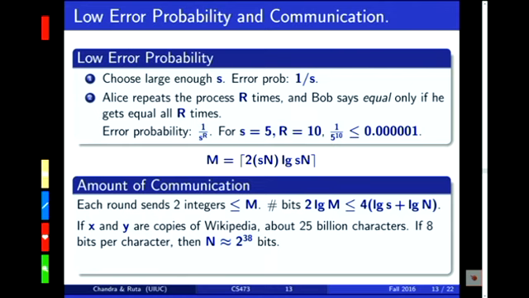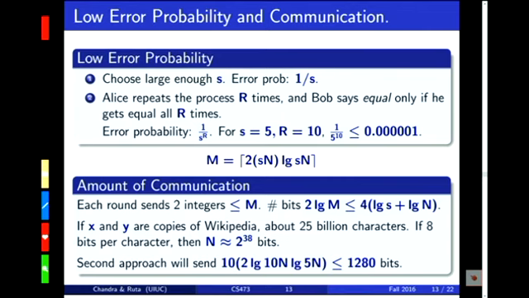What if we do this procedure 10 times, the second approach, with s equals 5? Then the number of bits you can calculate is at most 1280. So that's a huge improvement from 2 to the 38 to 1280. So it is very powerful, and the error probability is really, really tiny.